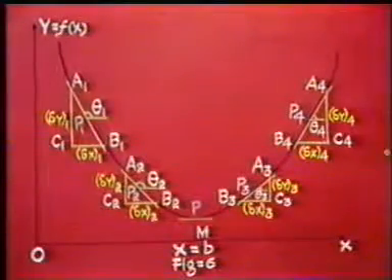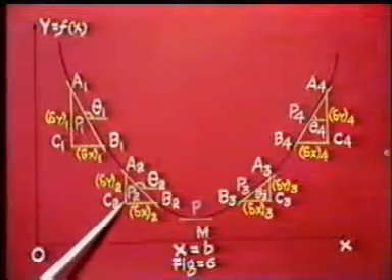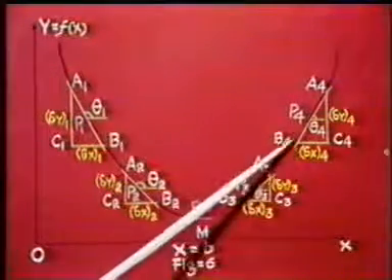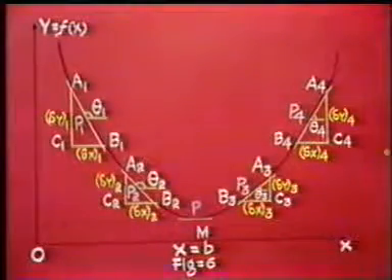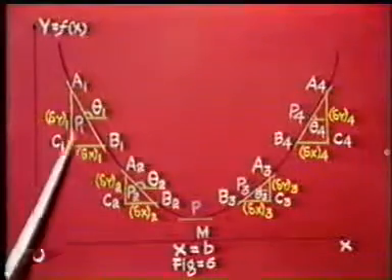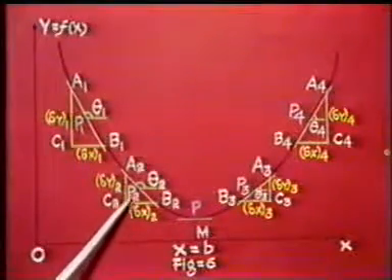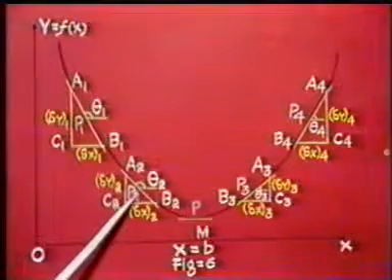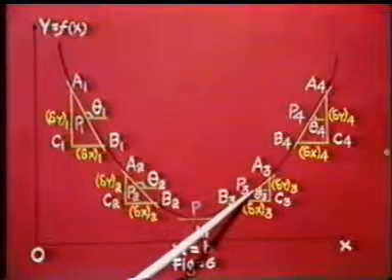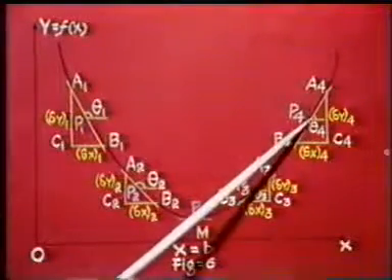We shall keep the base of every right angle triangle equal, that is C1B1 is equal to C2B2 is equal to B3C3 is equal to B4C4. Let the increments in x and y be represented by delta x1 and delta y1 corresponding to point P1, delta x2 and delta y2 corresponding to point P2, delta x3 and delta y3 corresponding to point P3 and delta x4, delta y4 corresponding to point P4.